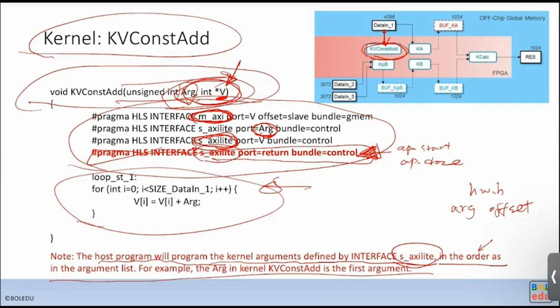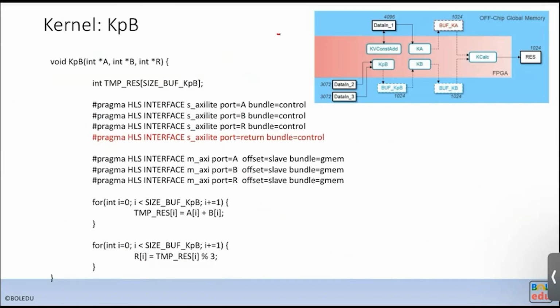Maybe the next example, yeah, here. In this kernel, you have 3 arrays. This one has 3 memory buffers here, so they are pointers to the memory buffers. And then the arguments are written in order. That's the argument order.